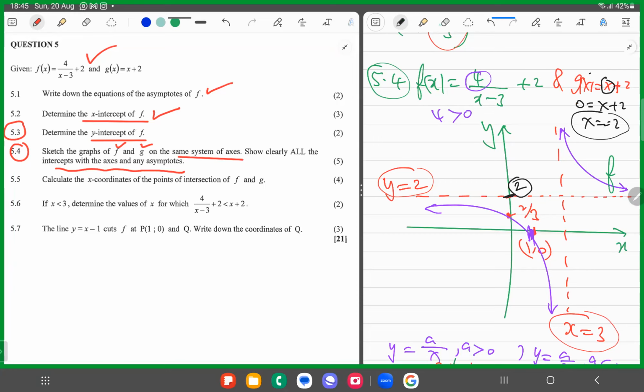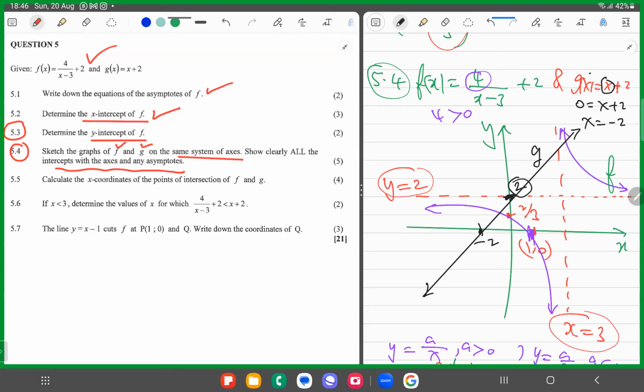So it means the line is going to cut the x-axis at minus 2. So this one here is the graph of the function g. Those are the two graphs.